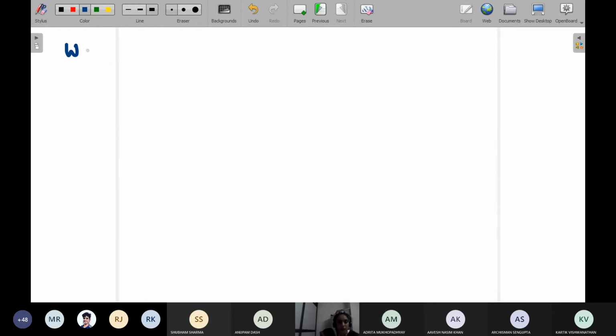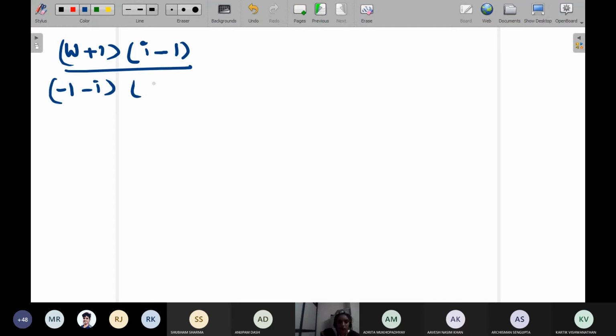Minus 1. So minus of minus, this will become plus 1. Similarly, what is your W2? It is I. W3 is 1, divided by W1 minus W2. W1 is minus 1, W2 is I, into W3 minus W. So 1 minus W is equal to Z minus Z1. Z minus Z1 means Z plus I into Z2 minus Z3.